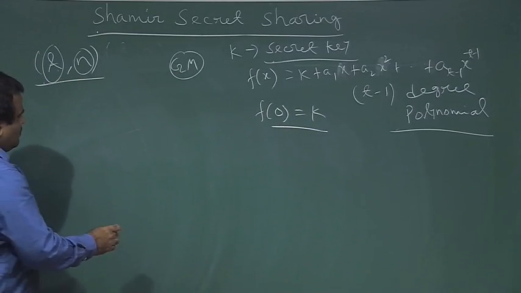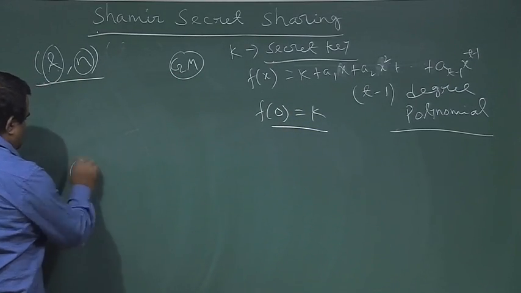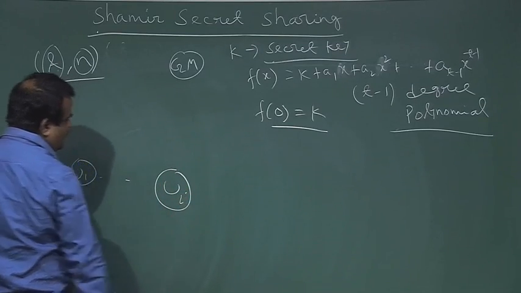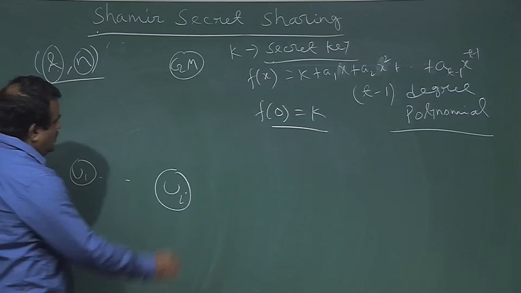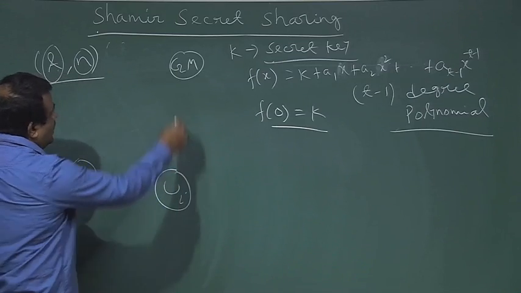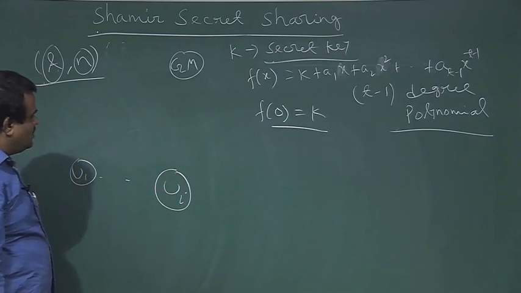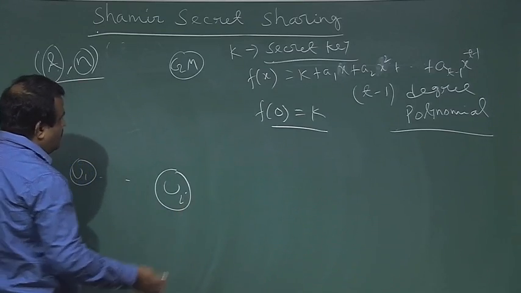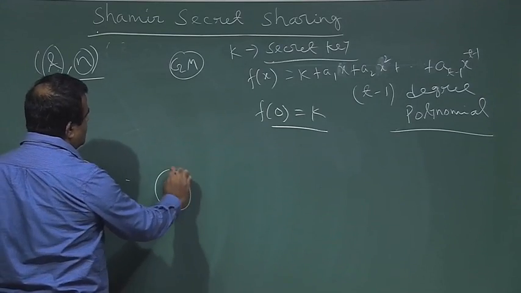Now suppose these are the users u1, ui. The group manager will give some secret to ui, the share of ui. So what will be the share of ui?